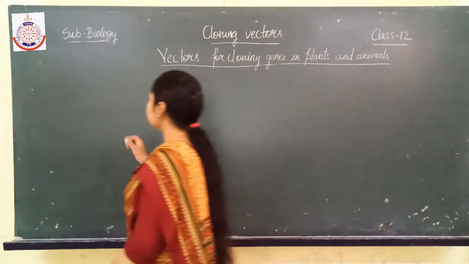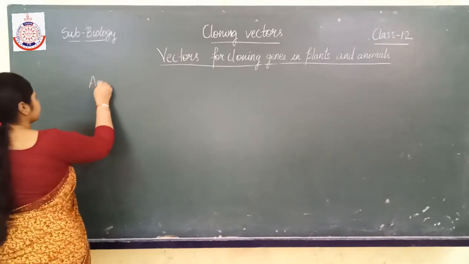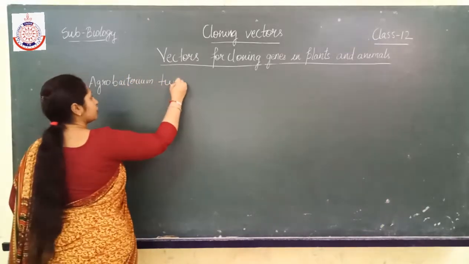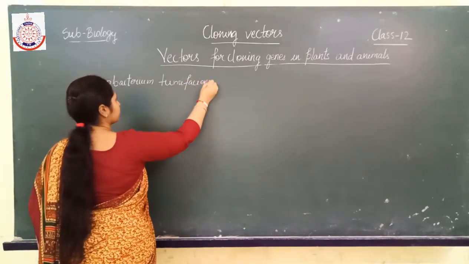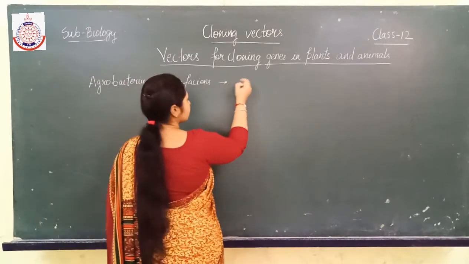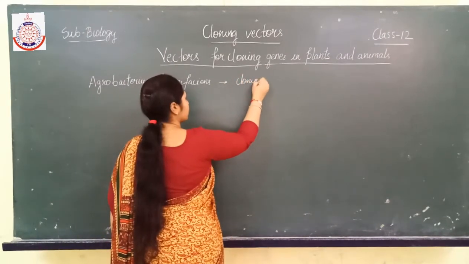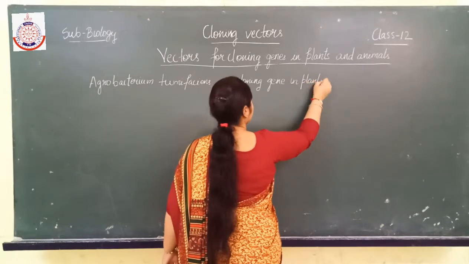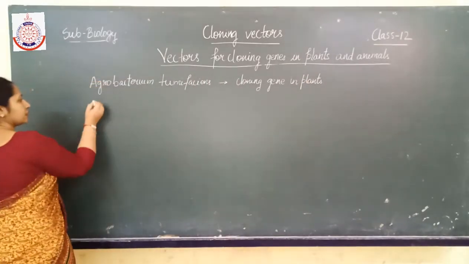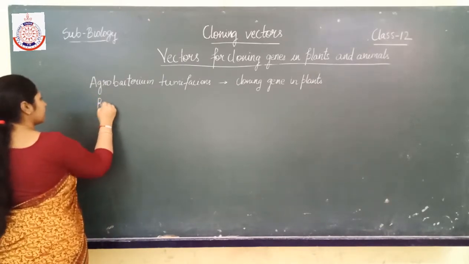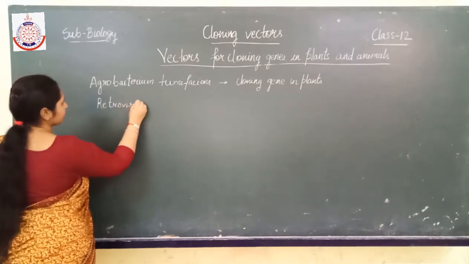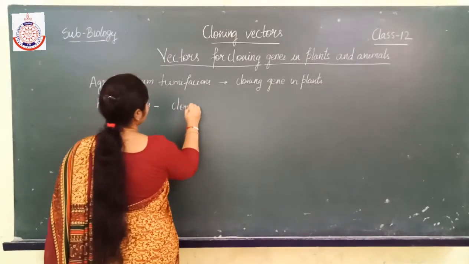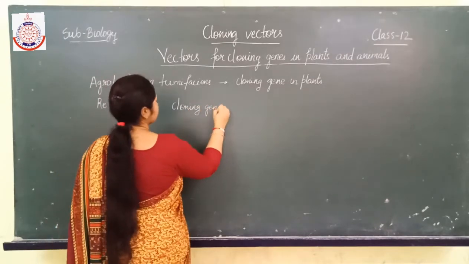Some common vectors are Agrobacterium tumefaciens, which is responsible for cloning genes in plants, and retroviruses, which are used for cloning genes in animals.